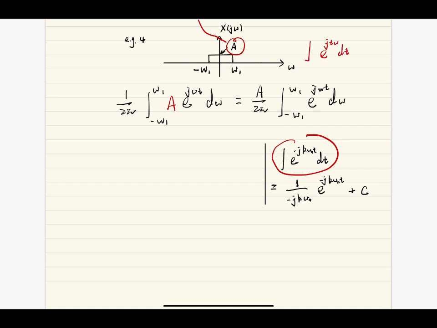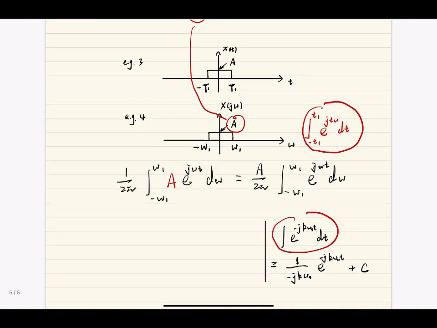That is, e to the j t omega d t, integrated from minus t1 to t1. By this equivalent form, you will get this result from last time's exercise: 1 over j omega, e to the j t1 omega minus e to the j minus t1 omega.